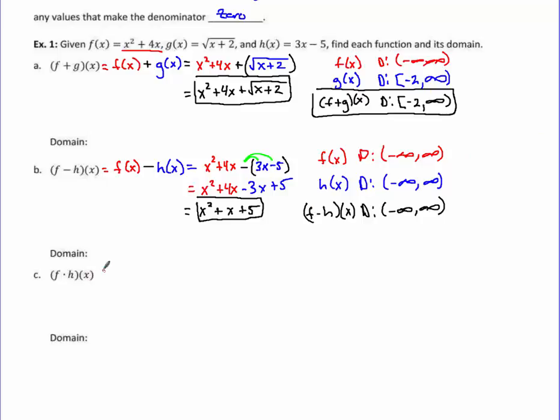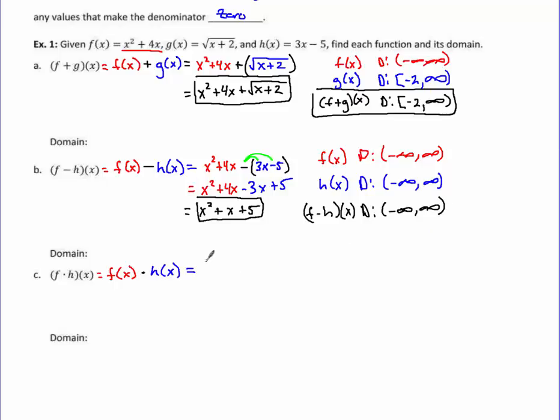Keep moving right along. We're going to do f times h of x, so that's f of x times h of x.